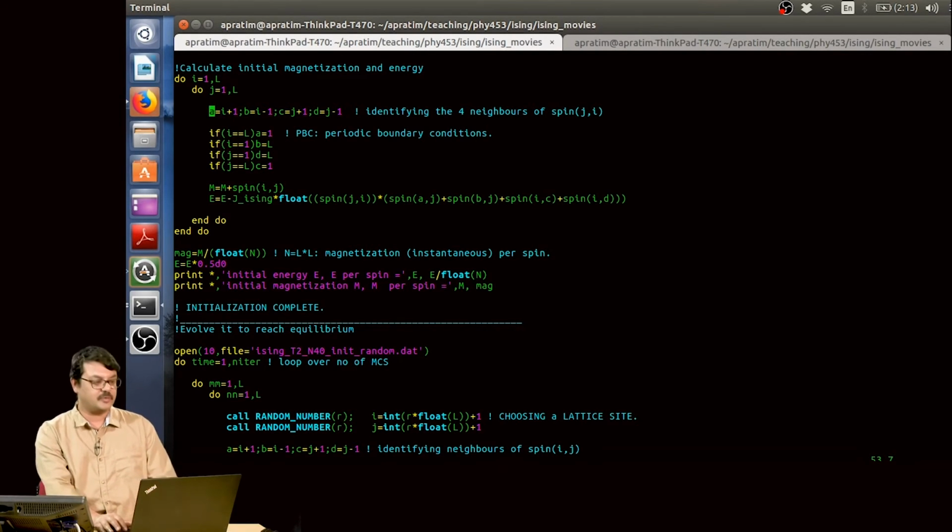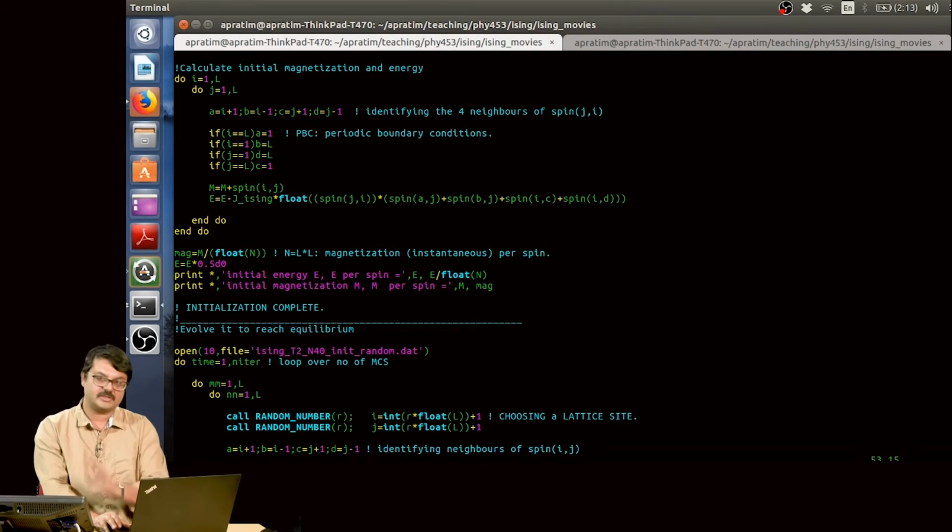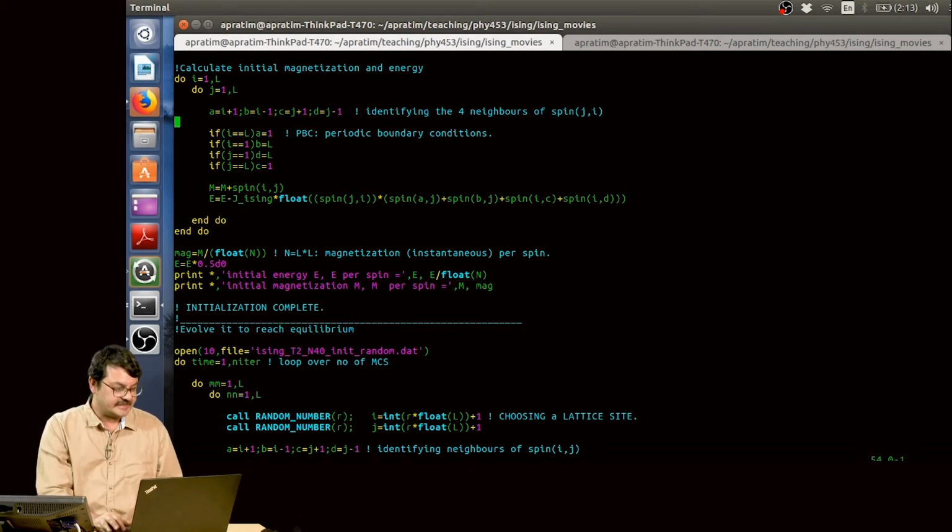Suppose you have a spin whose location is spin I comma j. Then a equal to I plus 1 is the spin on the right hand side of your target spin, b equal to I minus 1 is on the left, c equal to j plus 1 is on the top of your lattice site I j, and d equal to j minus 1 is at the bottom of the lattice site, right.